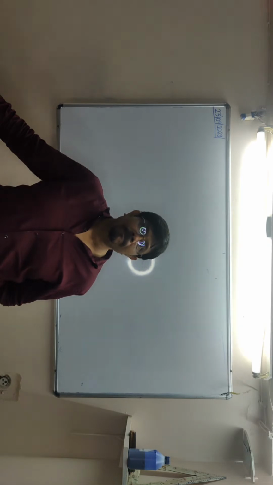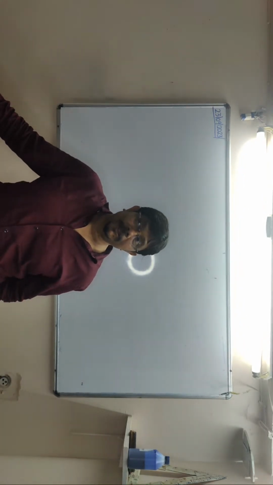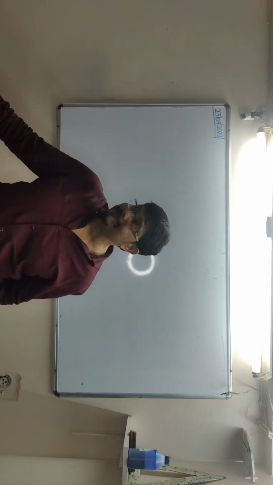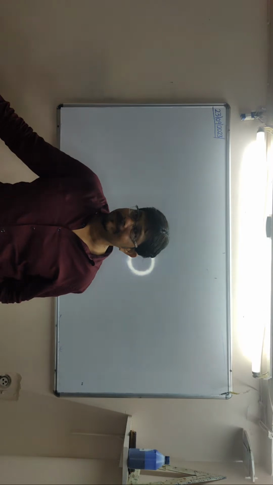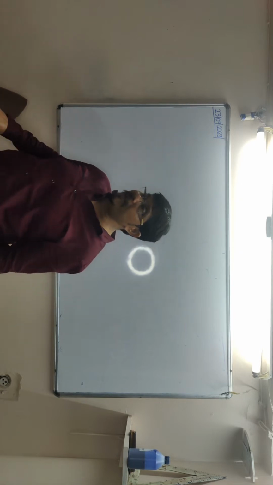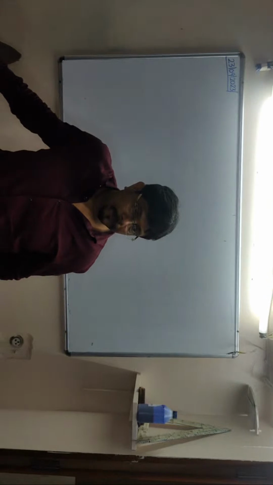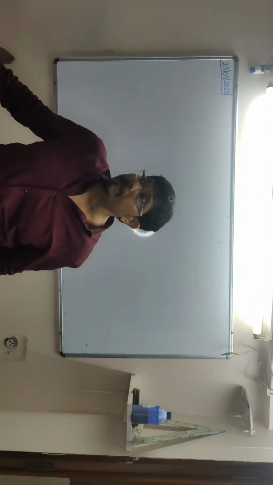This is called stopping potential. That's a great thing you must know. It means you are decreasing the potential, and at a particular potential, your current will stop. This is called stopping potential.